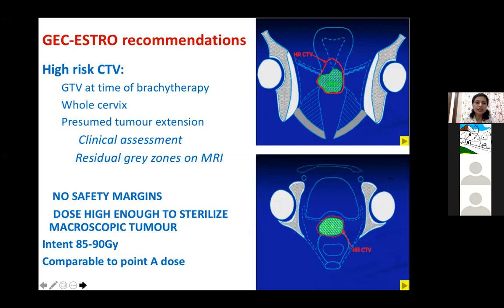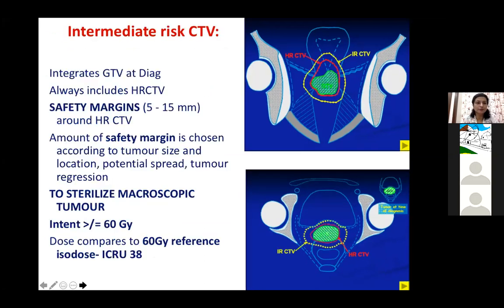So for HRCTV, we do not apply any safety margins. The dose that is delivered should be high enough to sterilize the macroscopic tumor. So this is comparable to 0.8 doses, and the intent is to treat 85 to 90 Gy to this HRCTV.